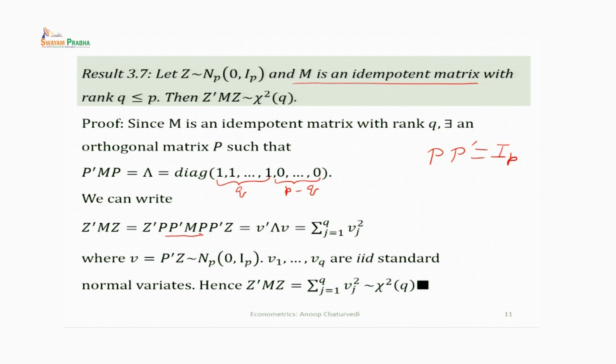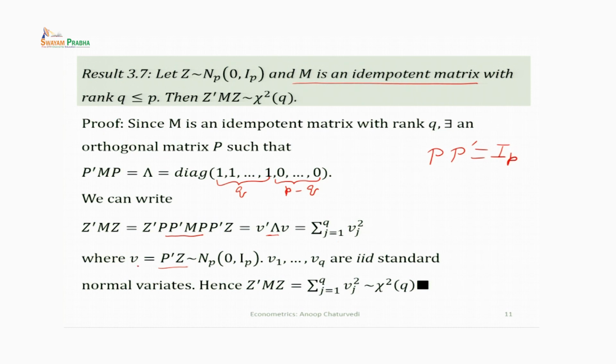Then P transpose M P is equal to lambda, so we write lambda here, and suppose V is equal to P transpose Z. So, Z transpose P is equal to V transpose, and you get V transpose lambda V, which is equal to the summation j equal to 1 to q of V j square, because the first q diagonal elements of lambda are 1 and the remaining elements are equal to 0.